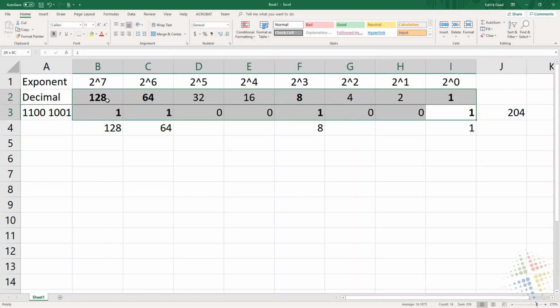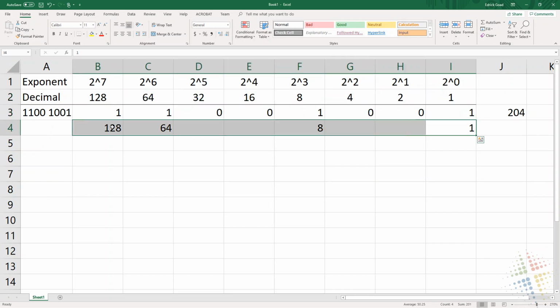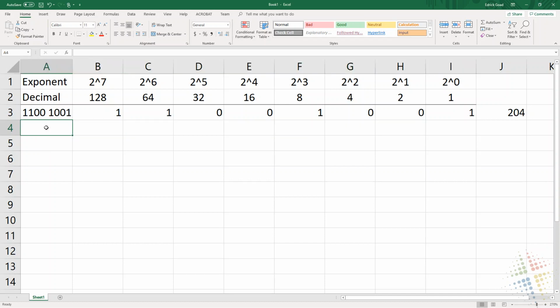So let's try that again. Get rid of these bolds here and this line right here. Let's try 0, 1, 0, 0, space 0, 1, 1, 1. There we go.